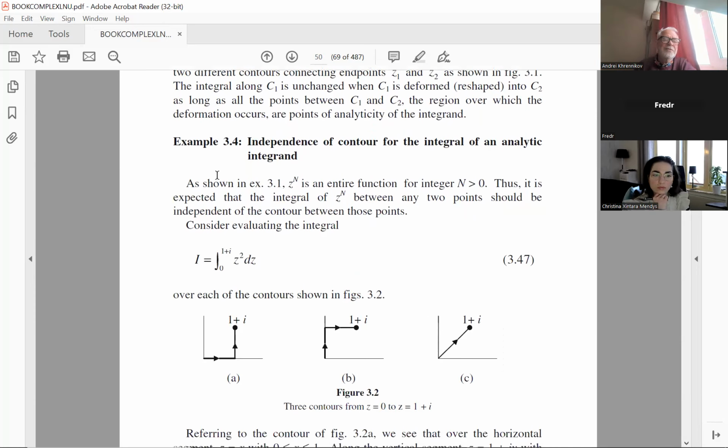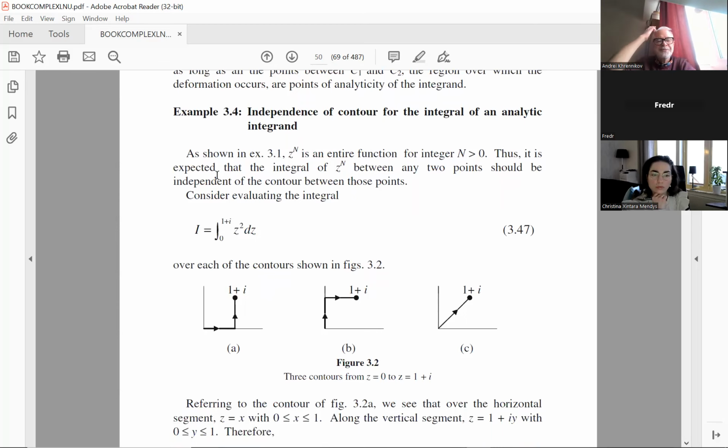Now this example. For example, we have the function z squared. Z squared is, of course, analytic because we can calculate its derivative like a usual function. So maybe it is a good place to remark that, of course, you can check the Cauchy-Riemann condition, but it is good to do when your function is written as a function of x and y.